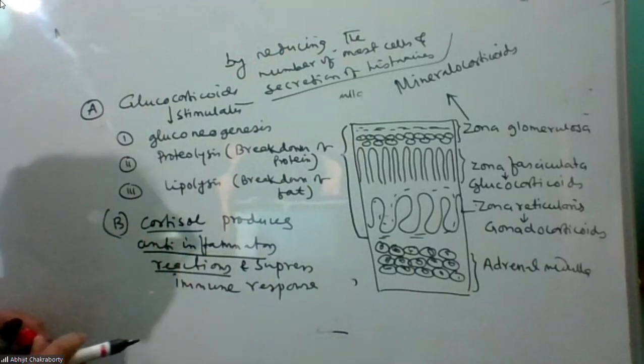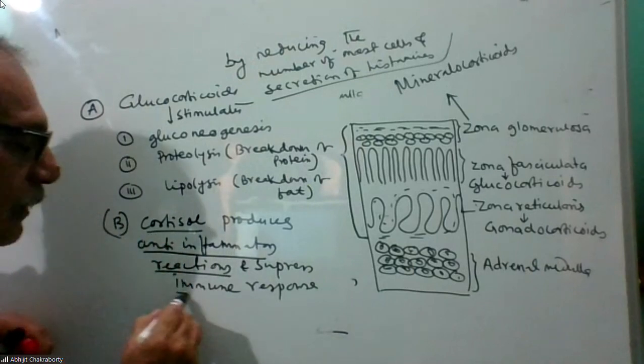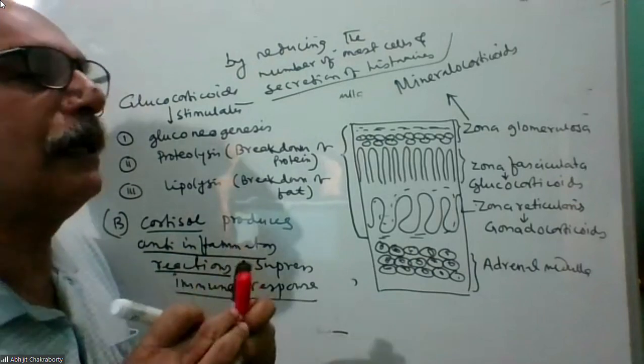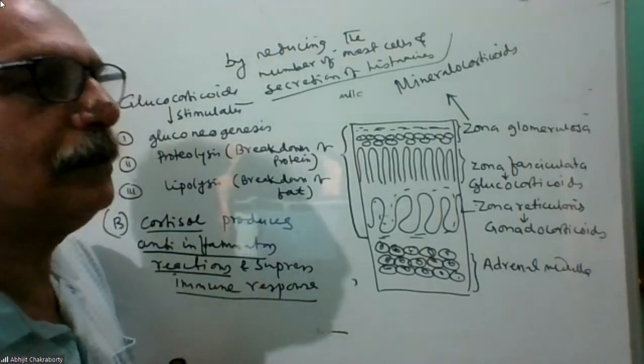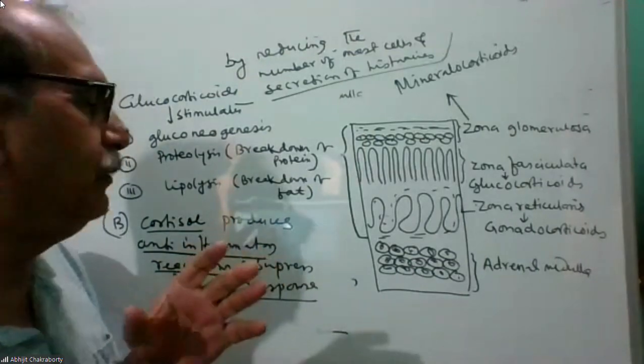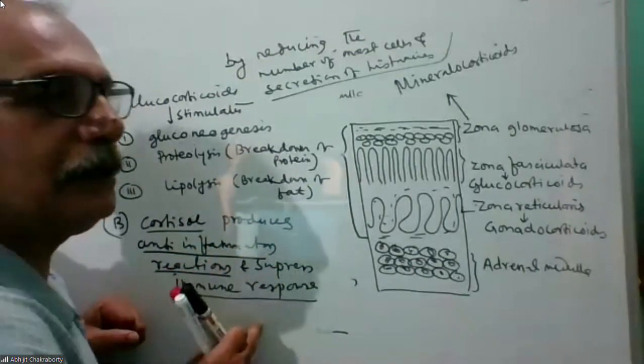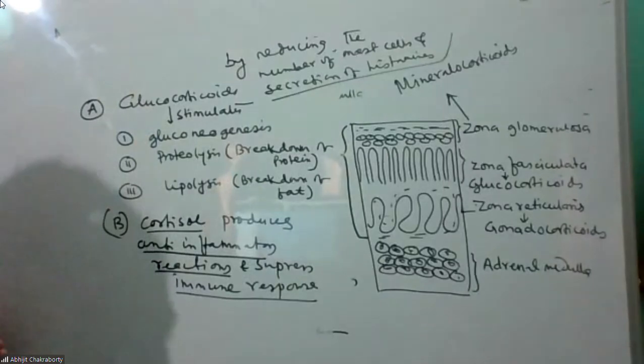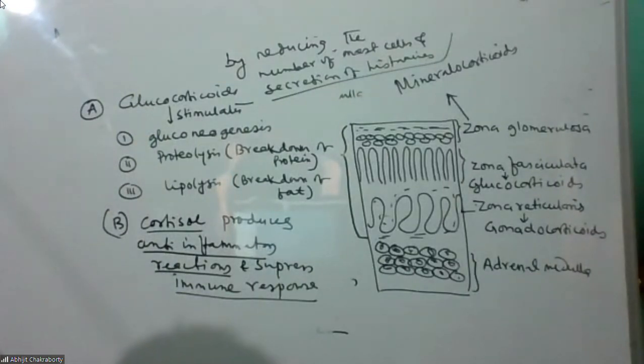And obviously it is immunosuppressive, it acts as immunosuppressive sometimes. So in organ transplantation also it may be used because it is used as an immunosuppressive agent. So remember this thing regarding the functioning of the glucocorticoid.